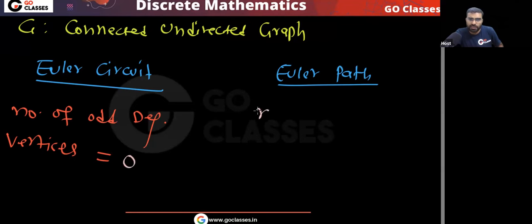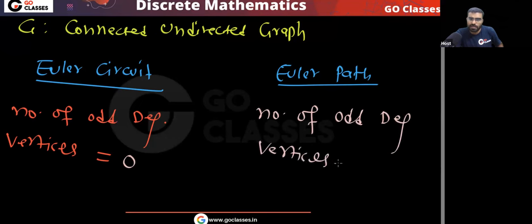And for Euler path, the number of odd degree vertices should be equal to 2. So remember, for Euler circuit, the number of odd degree vertices should be 0. For Euler path, the number of odd degree vertices should be 2.